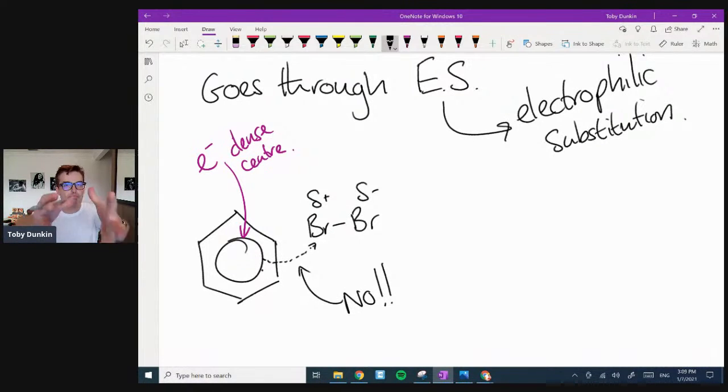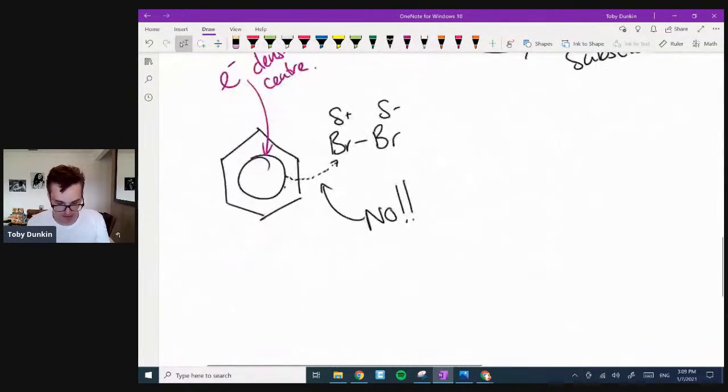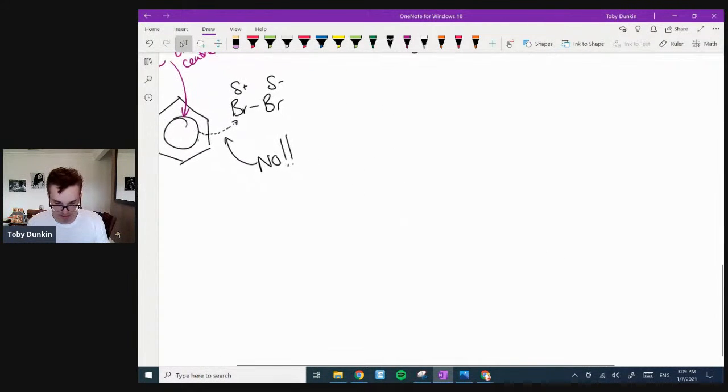In order to pull those electrons out of that system, you need a much better electrophile, none of this partial charges rubbish. We need to rip it out with something way more powerful.